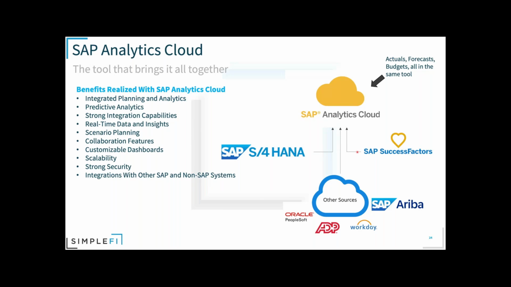There's already data pipelines built or connections made, but I have performed implementations relative to labor forecasting that had other data sources as well, from a workforce management perspective, ranging from PeopleSoft to ADP and Workday. So SAC at the end of the day is really source system agnostic. It's just a matter of how you get at the data, how you pull the data into the system.